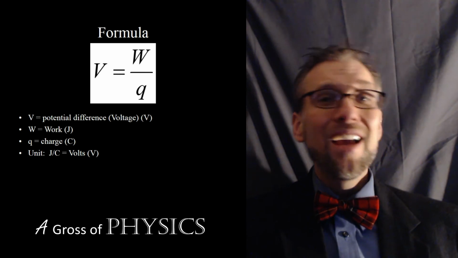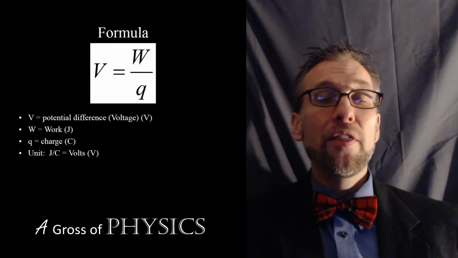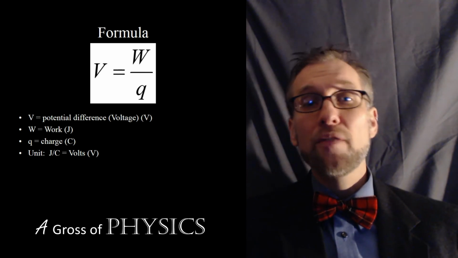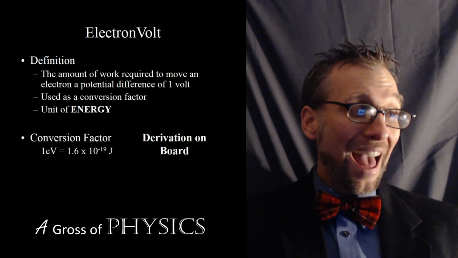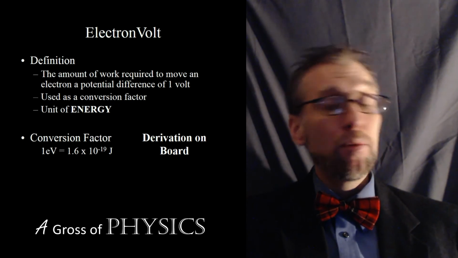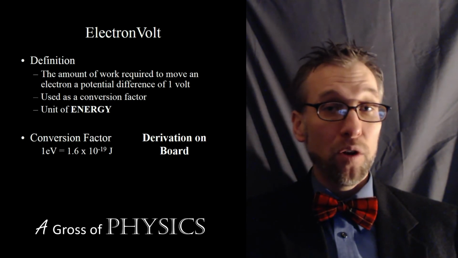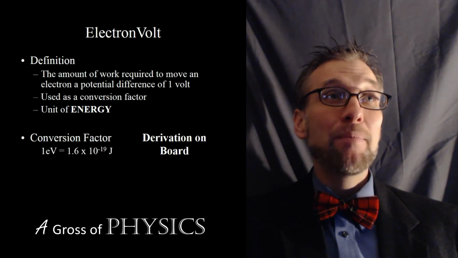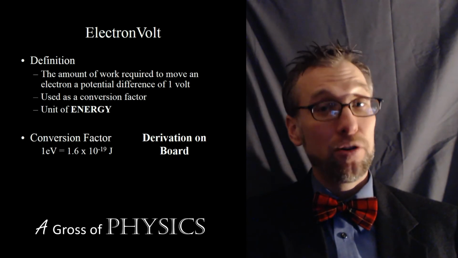Now, when we're dealing with charged particles, often we'll deal with electron volts, and that is a measure of the amount of work required to move an electron a potential difference of 1 volt. And it's not a potential difference, it's actually a unit of energy.